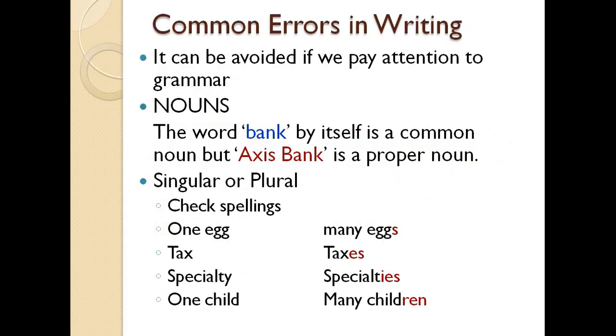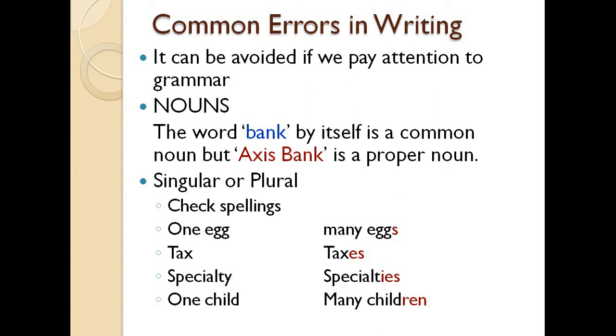Let's move to some more common errors in writing, and this is associated with grammar. These errors can be avoided if we pay attention to grammar. You have to be careful with nouns. You can see the word bank by itself is a common noun, but if you say Axis Bank, that bank is a proper noun.